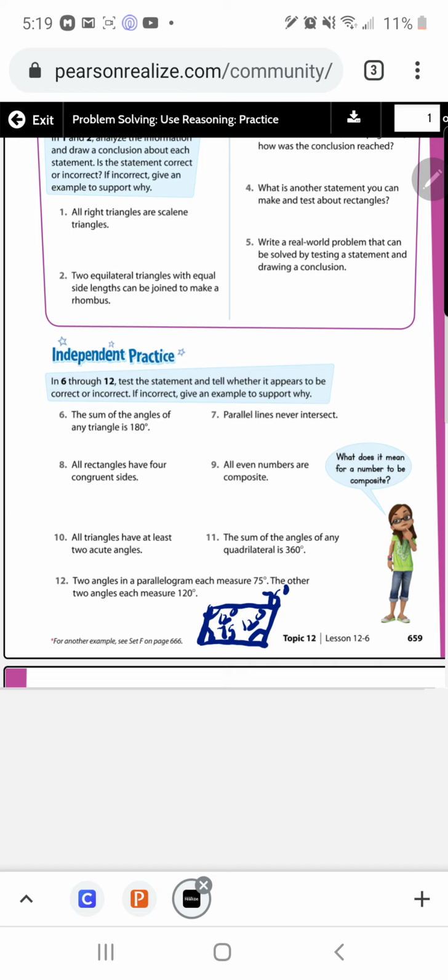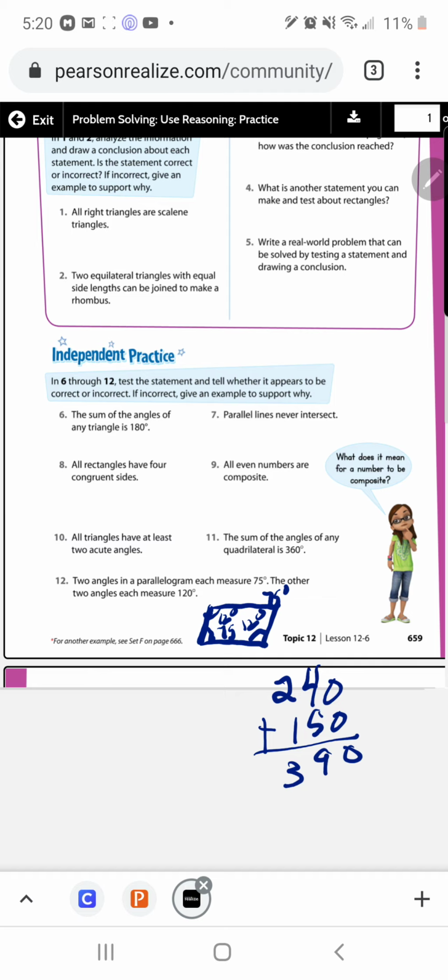Well, what's 240 plus 150? If I write it down right here and work it out, you'll see that it's actually 390 degrees, which goes completely against the true statement in number 11.